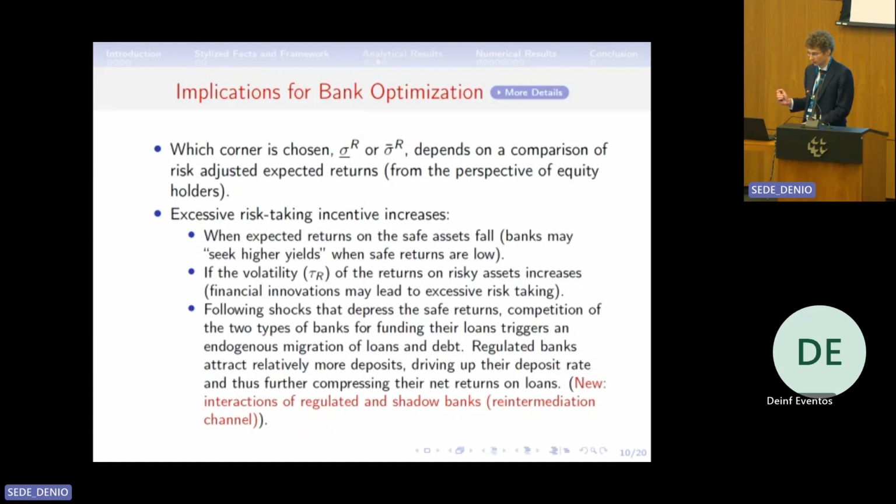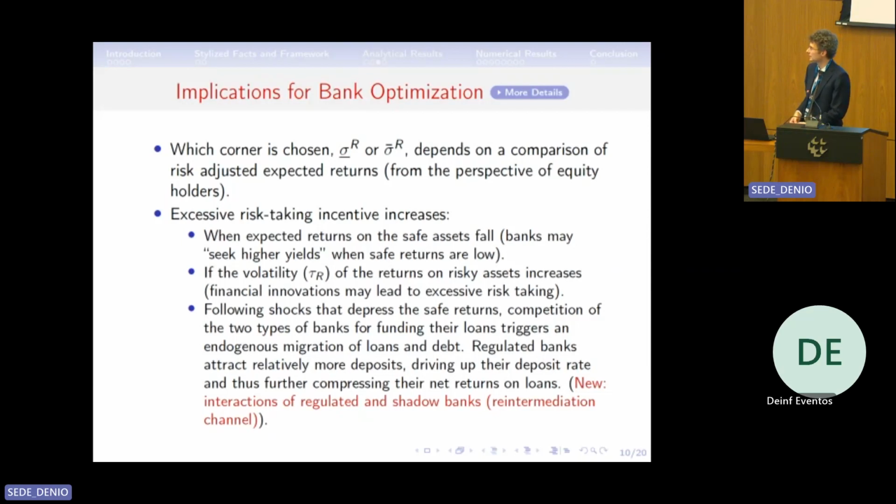What is new and what is the mechanism here? It comes from the reintermediation of credit. I call it the reintermediation channel. So following negative shocks to portfolio returns, the competition between the two types of banks increases the funding costs of loans, and this triggers the endogenous migration of loans and debt.